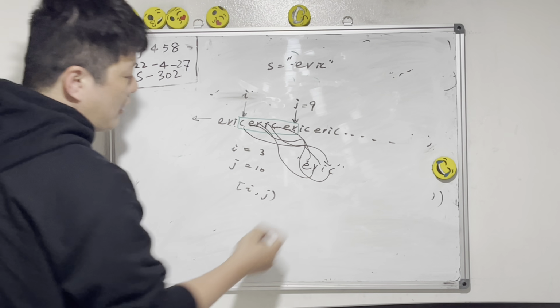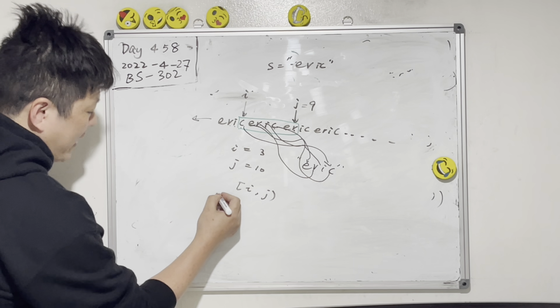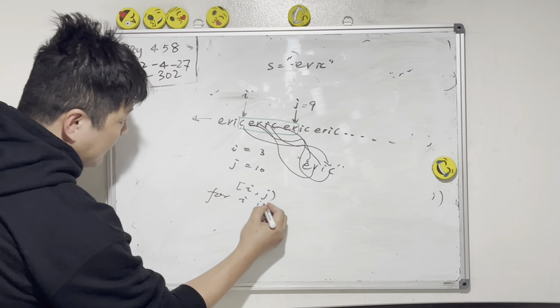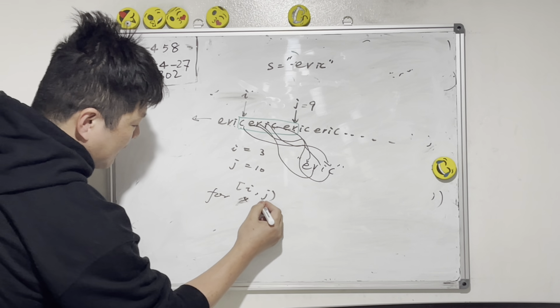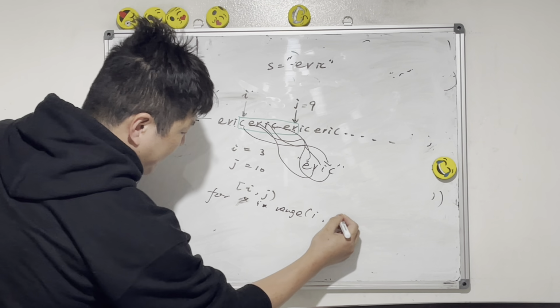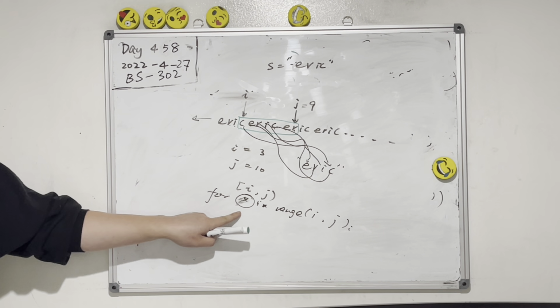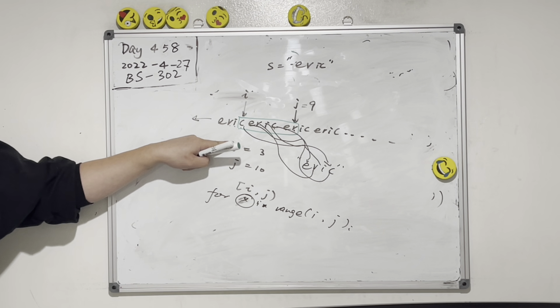We only have a copy, and we want to go through the range. For x in range, we start with i up to j. So now we have this index x. But how do we map this x to the original index?